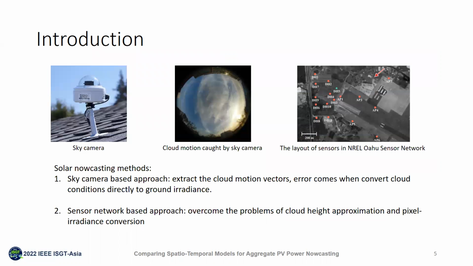The sky image-based approach aims to extract the cloud motion vectors. Error comes when converting cloud conditions directly to ground irradiance. These problems can be got around by the sensor network-based approach, such as cloud height approximation and peak irradiance conversion.